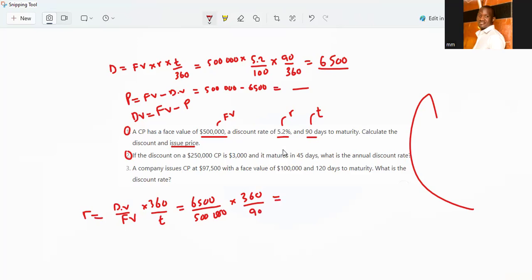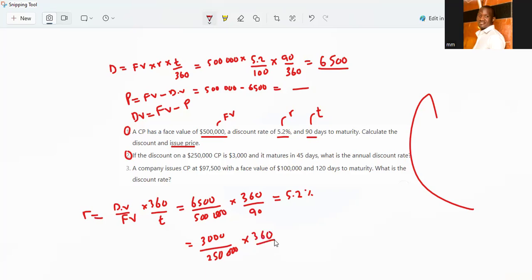So this would give you 5.2%, if you're working in reverse. But in the second part, we're told that the discount is 3,000 on a commercial paper whose face value is 250,000, times 360 over the number of days.